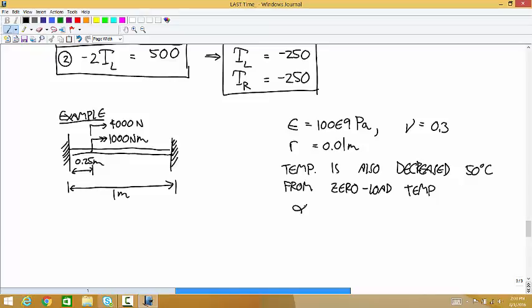And the coefficient of thermal expansion is 5.0 times 10 to the minus 6, 1 over degrees Celsius.